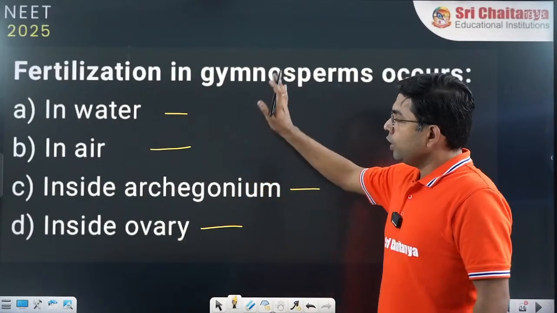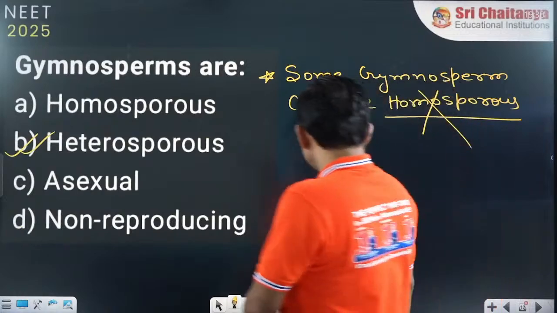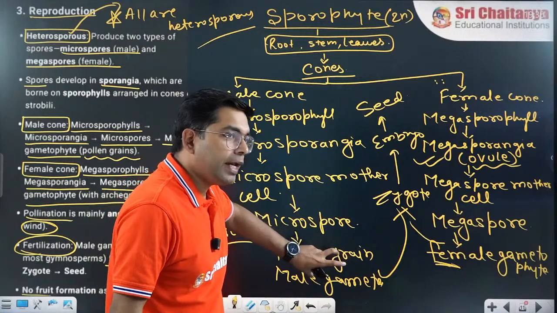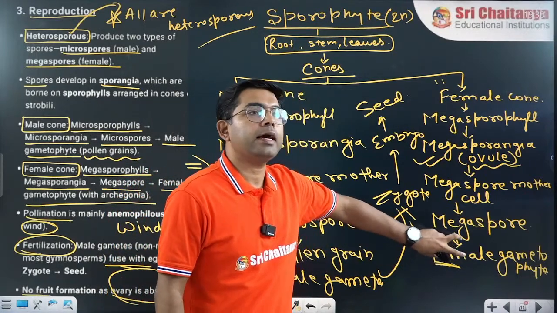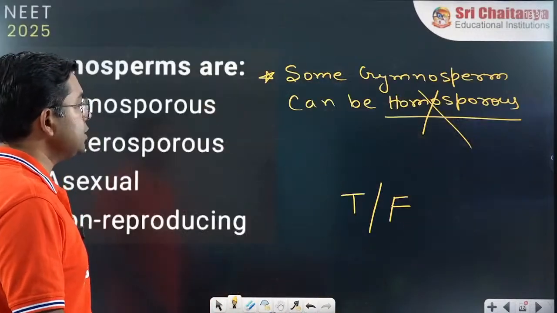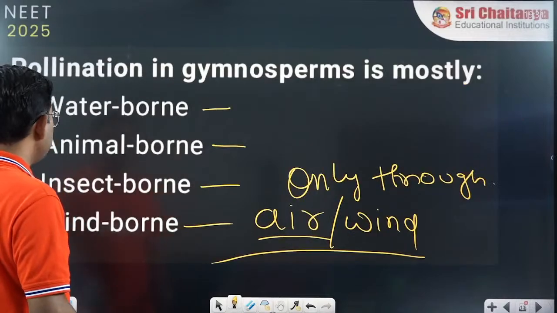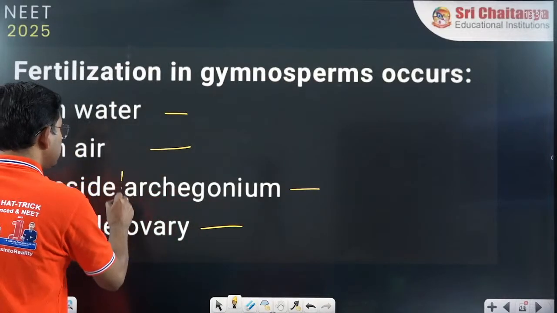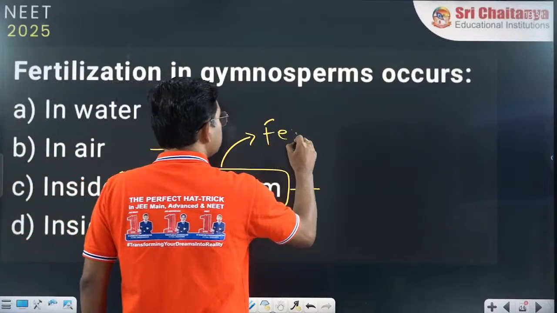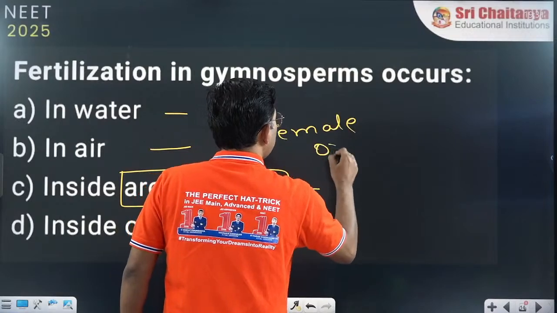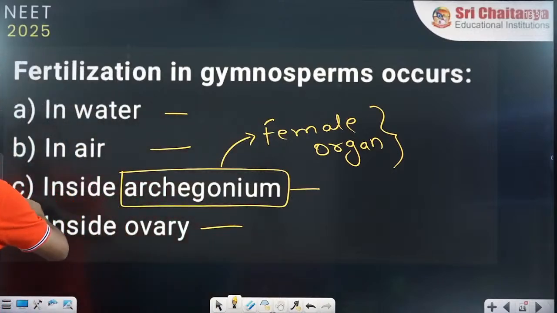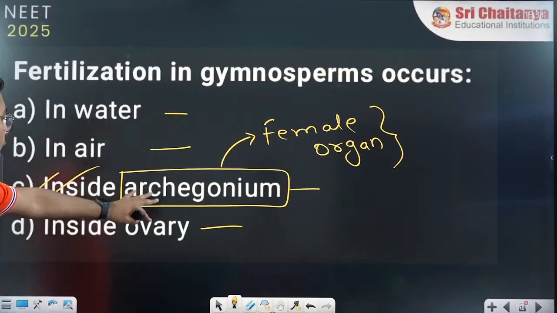See what I have told you here: fertilization takes place inside the female gametophyte. Now, what is the female gametophyte? Can we say archegonium? It is the female organ. So fertilization takes place inside the archegonium.